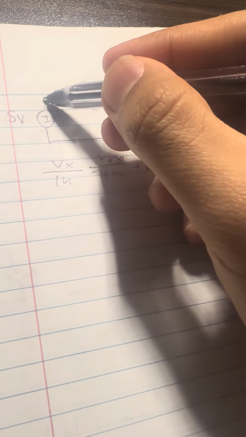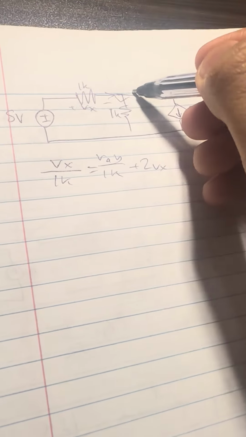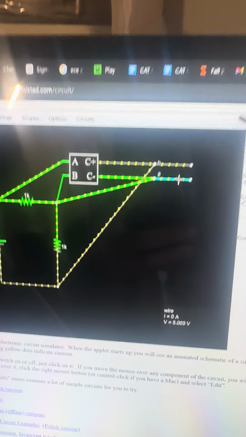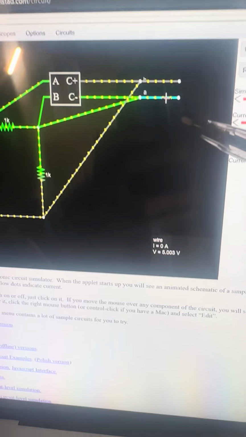We can also say that the voltage across this is 5V minus VAB, so Vx equals 5V minus VAB, and we can plug those in and solve. I solved the system of equations, and I got that VAB, which is VTH, is 5.0025 volts. I can also confirm that on Volstad.